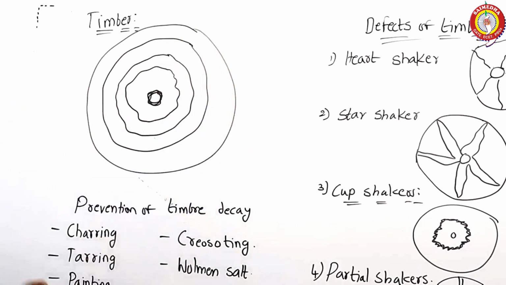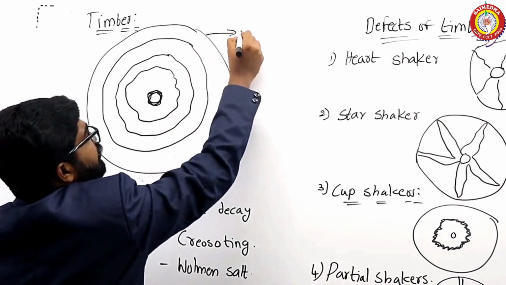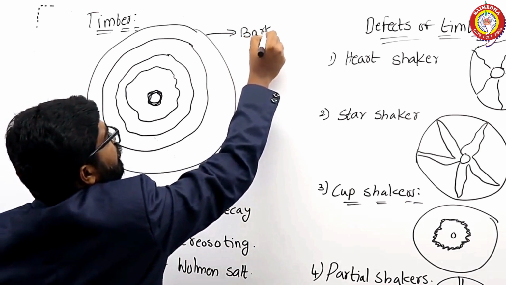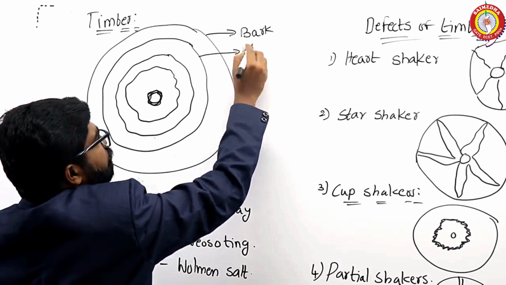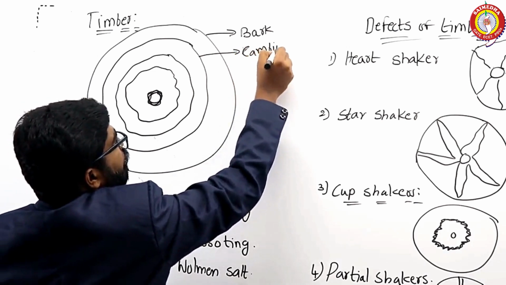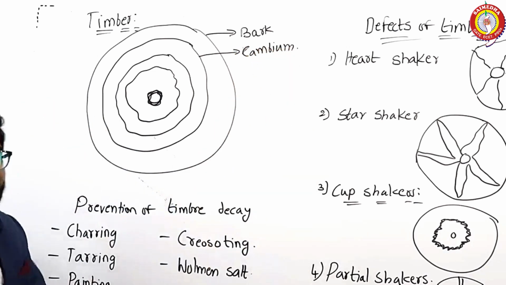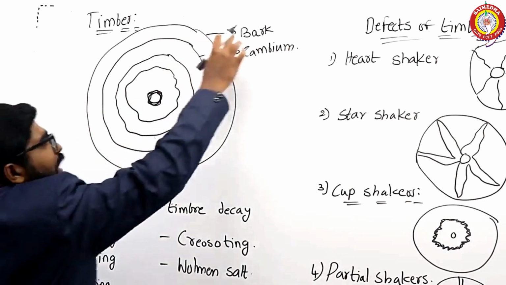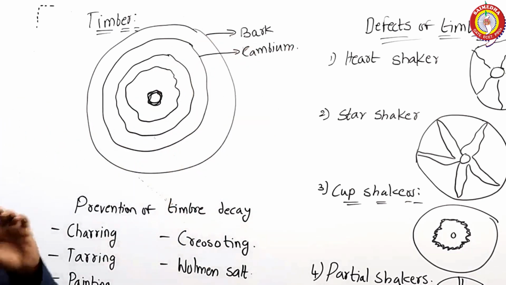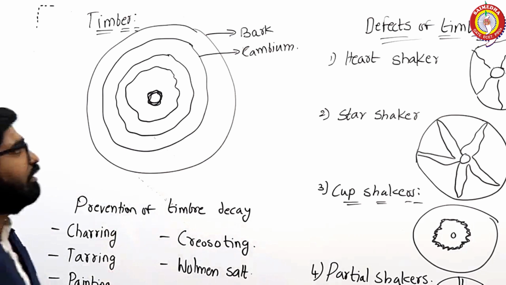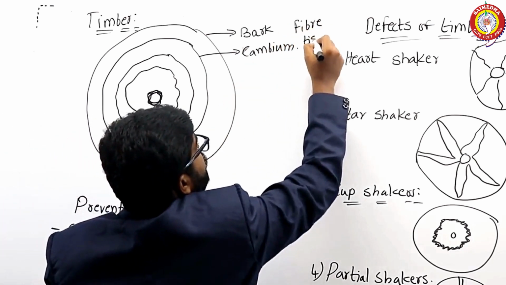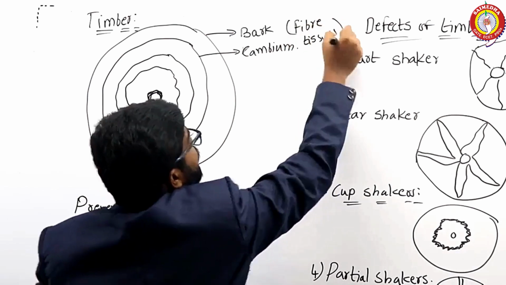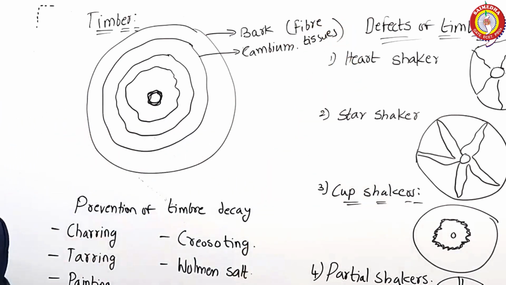So if I go over the terminologies, the outermost portion is bark, and before it is cambium, and this bark and cambium consist of fiber tissues. Fiber tissues are a bit soft when compared to cellular tissues.